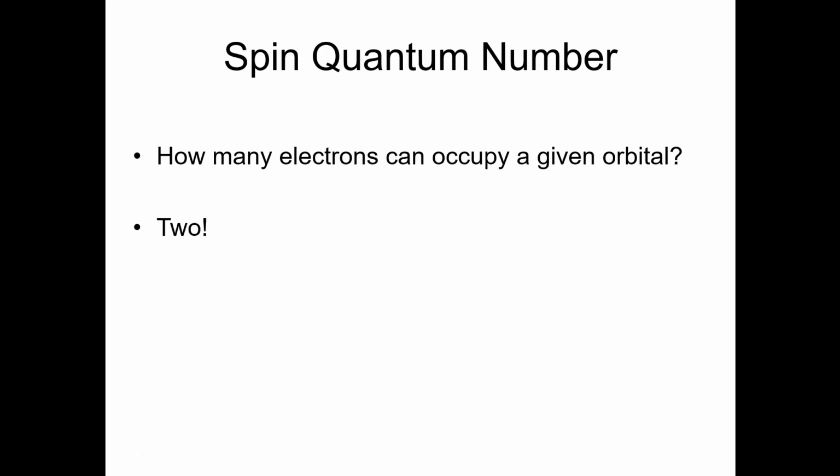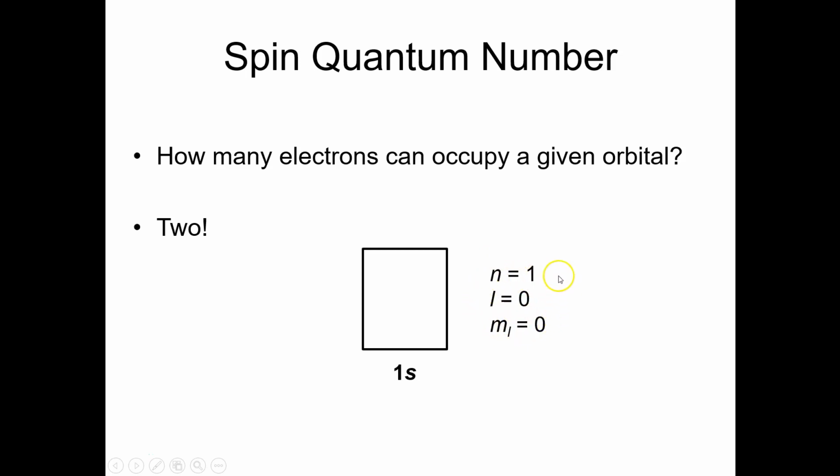2. If we take a look at the simplest, lowest energy orbital that exists, that is our 1s orbital. That 1s orbital is described by these three quantum numbers. n is equal to 1, L is equal to 0, m sub L is equal to 0. These are the only three allowed at the n equals 1 level, and they describe the 1s orbital. Well, if I put an electron in there, the first one in, I'm just going to arbitrarily say has the spin of plus 1/2.